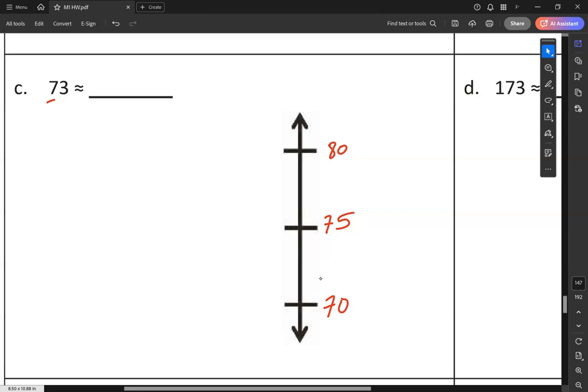I need to plot 73. 70, 71, 72, 73, 74, 75. Is 73 above halfway or below halfway? Below. So we're going to round 73 to 70.